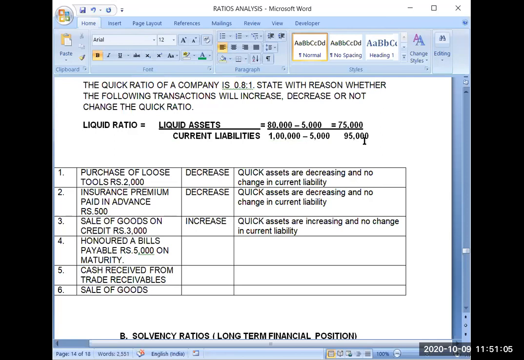If you simplify it, you can deduct it from 5. So it will come 15 upon 19.